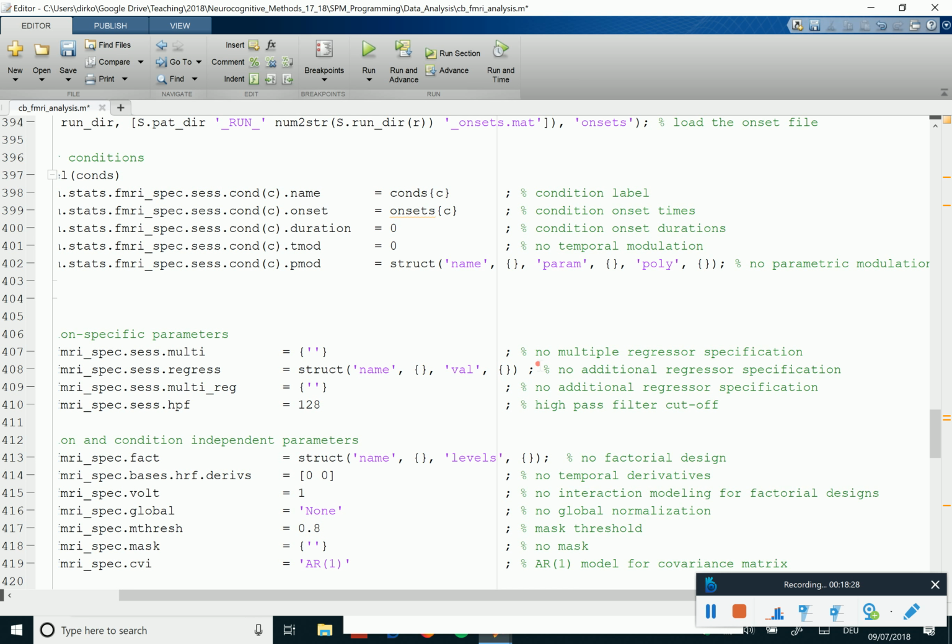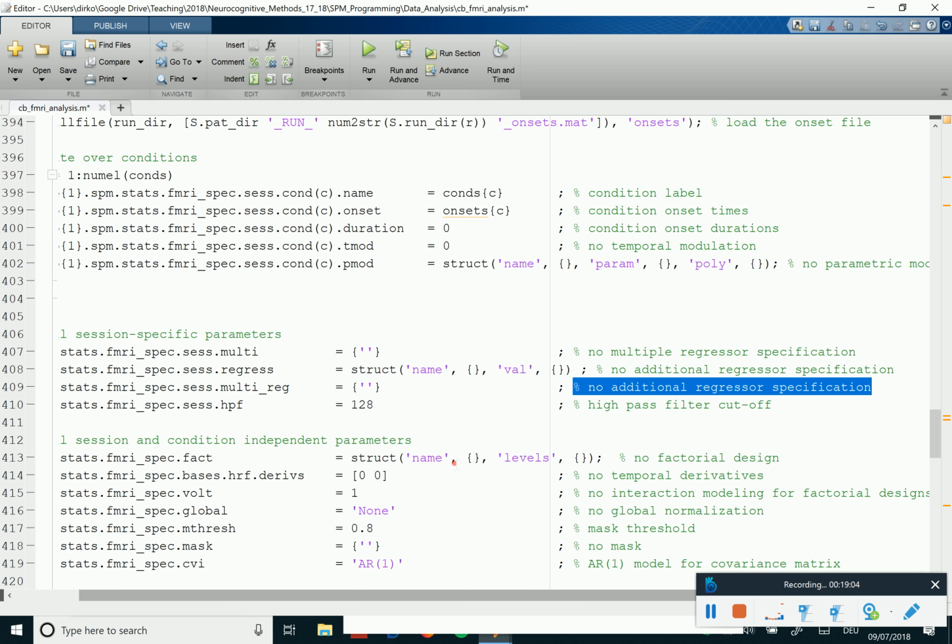This multiple regressor specification is an alternative way to specify the conditions in the design matrix, which we don't use, so it's not that important here. I think in multi-reg, what one can put in, which I'm not doing here, is the motion parameters. So one can load the motion parameters and put them here. That's a nice exercise, to put that in addition in there.